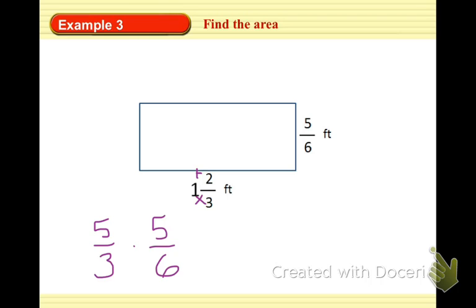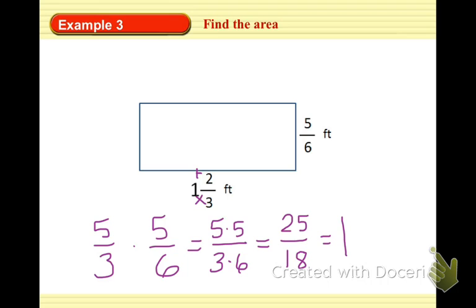There is nothing to cross-cancel between the numerators and the denominators, so I'm going to simply multiply 5 times 5 and put that over 3 times 6. So 25 over 18. Through division, I can divide and get a mixed number of 1 with the remainder of 7 over 18, and this unit will definitely be feet squared.